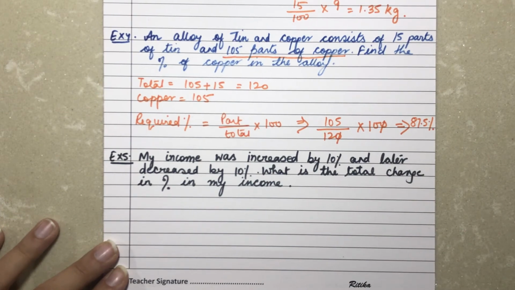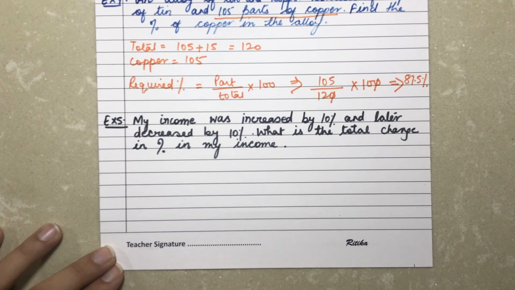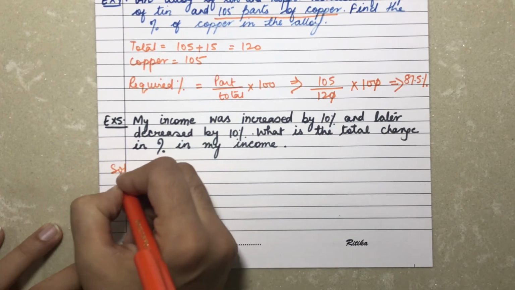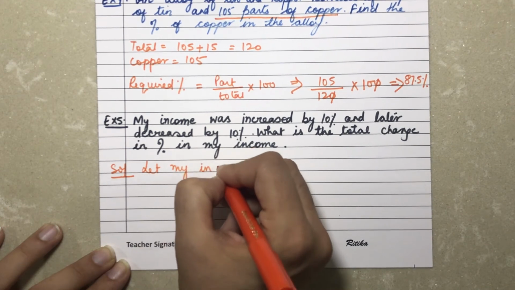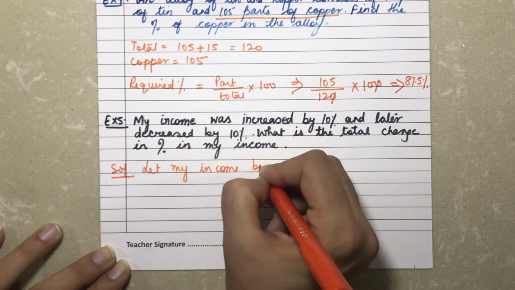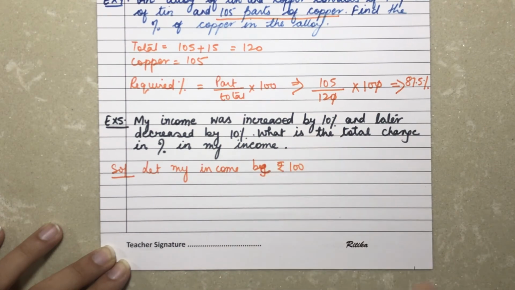So there you go. Now let's look at next question, which says my income was increased by 10% and later it got decreased by 10%. So what is the total change in the percent in my income? So simple, I'm going to say let my income be rupees 100.